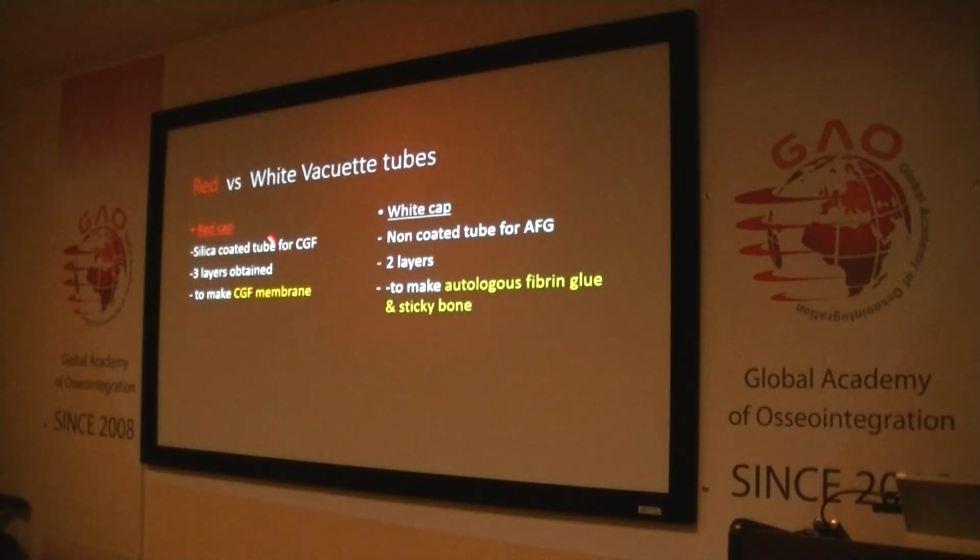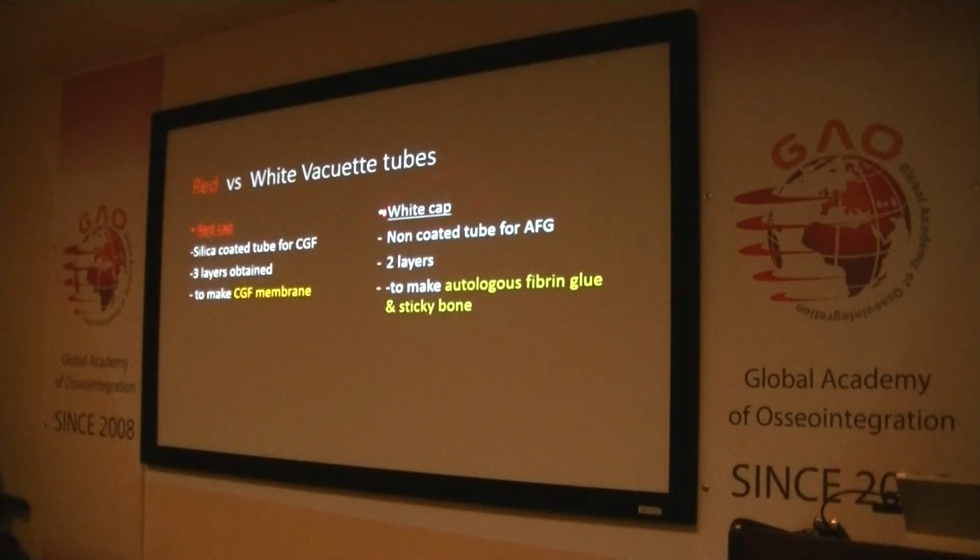The difference is in the test tube or the blood sample tube. The one that comes in a red cap, we'll show you later, has a silica coating inside of it, right? And the white one does not have any coating. It's just clear glass. Remember that.